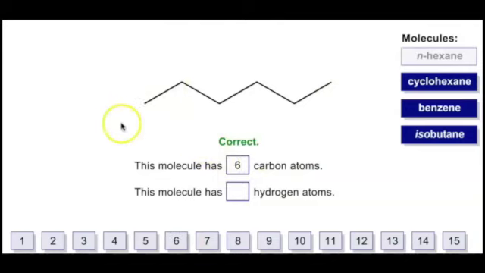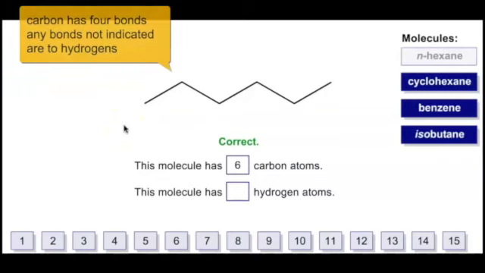This also represents hydrogens without showing any lines or any hydrogen atom symbols. This carbon here has 1 bond going this direction, so that means there must be 3 more hydrogens here. That would be true on this end too. So there's going to be 3 plus 3, or 6 hydrogens on the ends. These carbons in the middle, at these angles, this carbon has 2 bonds coming out of it, so that means there's 2 more bonds going to hydrogens.